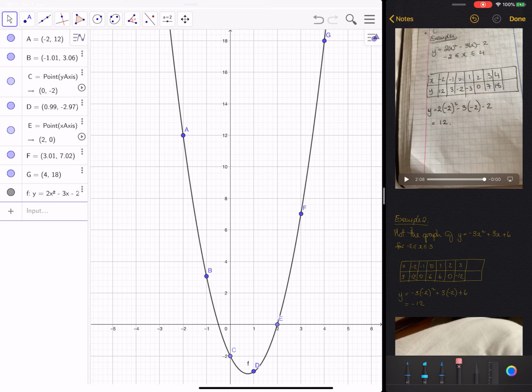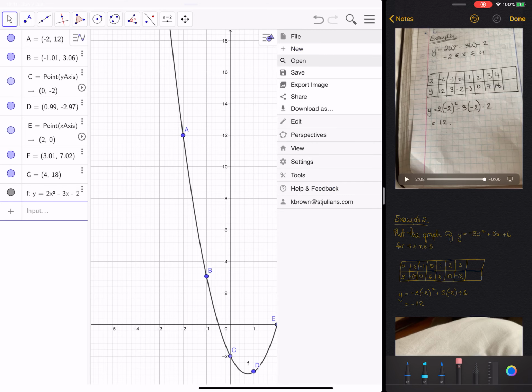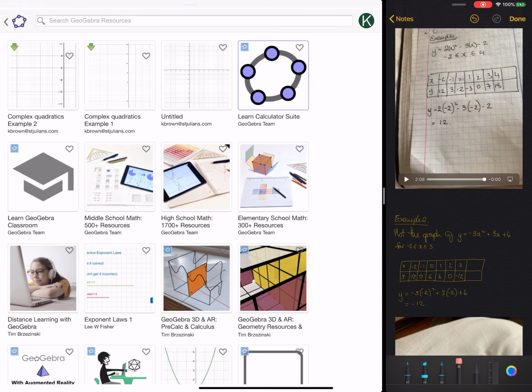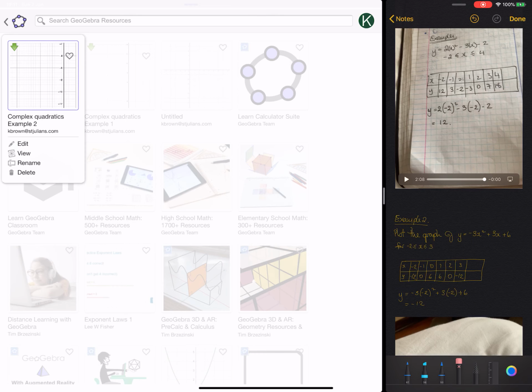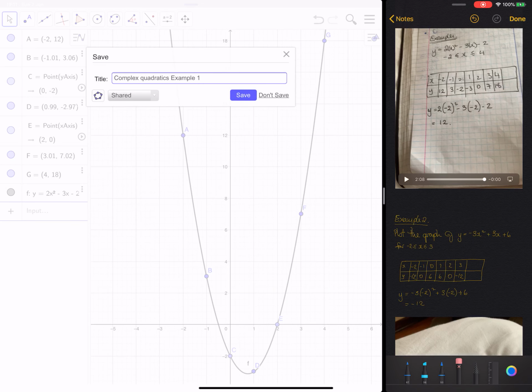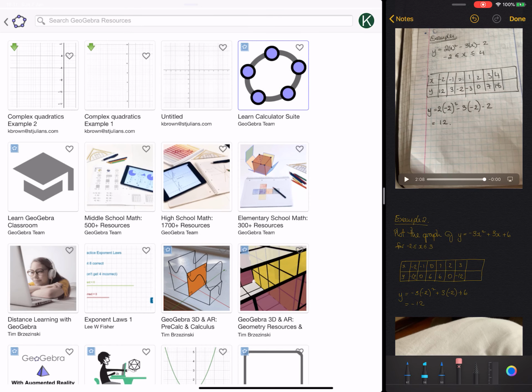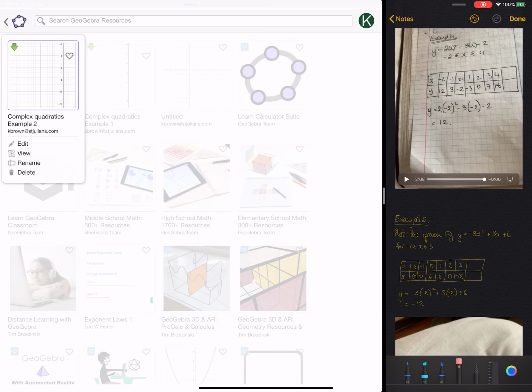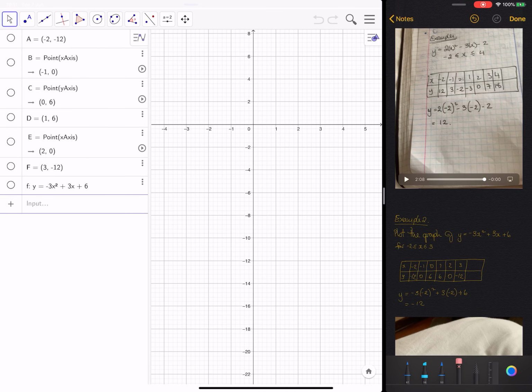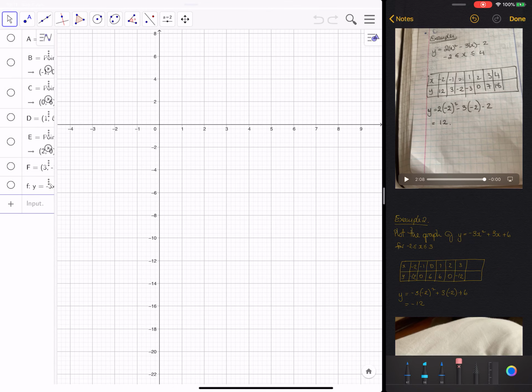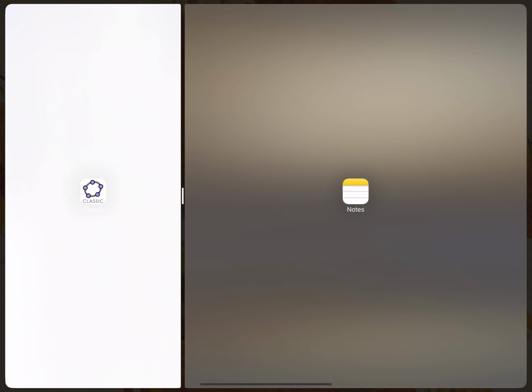Lovely. So now we'll go back and we'll look at example 2. Okay, so moving back to example 2.